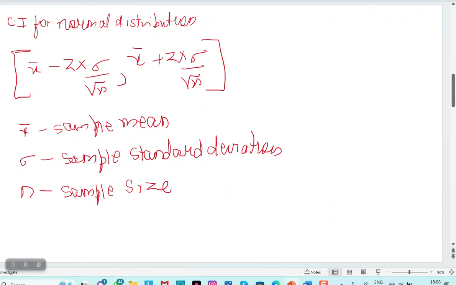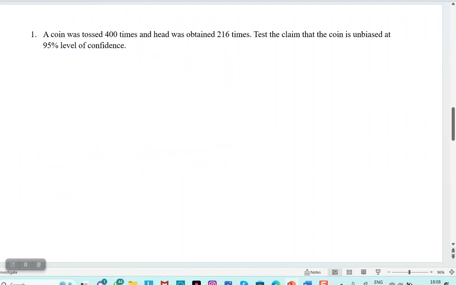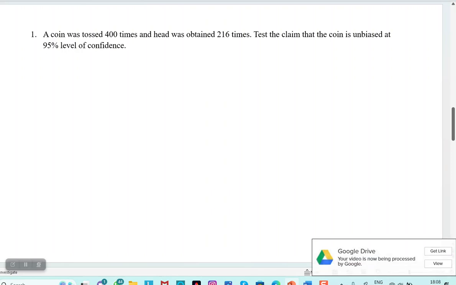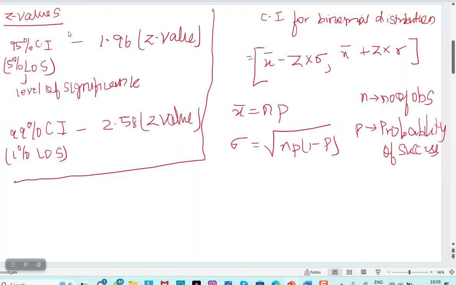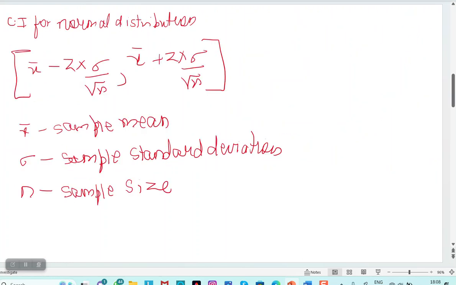Now, we solve the first problem. A coin was tossed 400 times and head was obtained 216 times. The tester claimed that the coin is unbiased at 95% level of confidence. The Z value we already know. There are two types of confidence interval, one for binomial distribution, one for normal distribution.